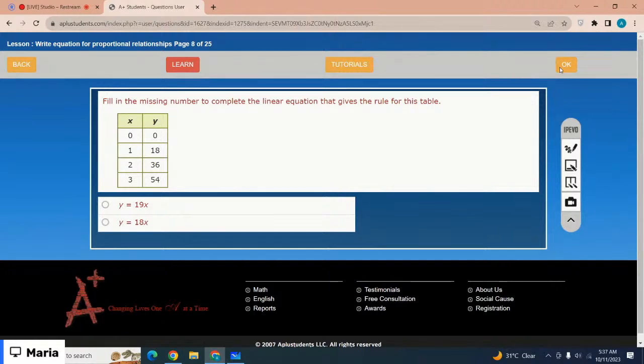Fill in the missing number to complete the linear equation that gives the rule for this table. So, which is the correct option?